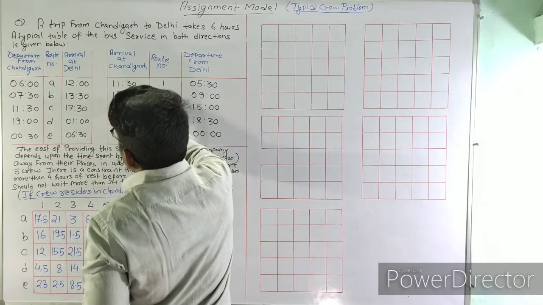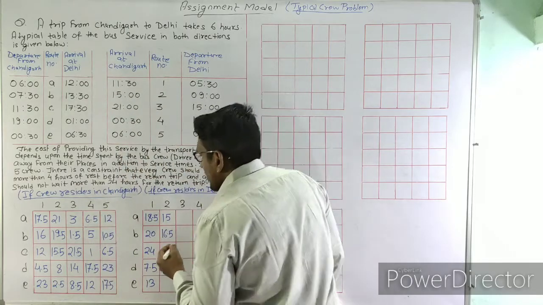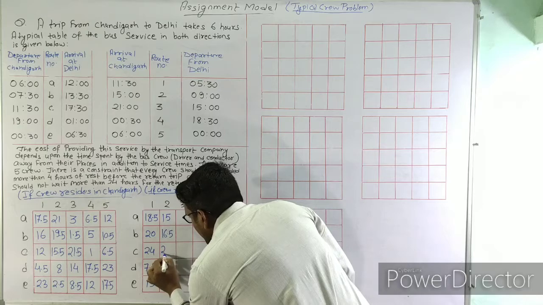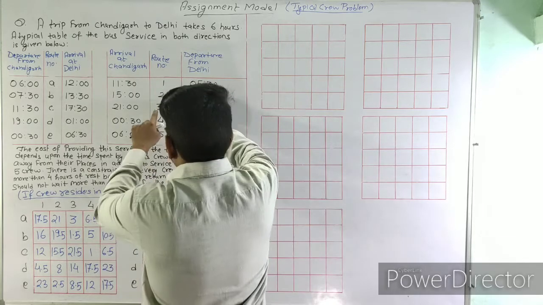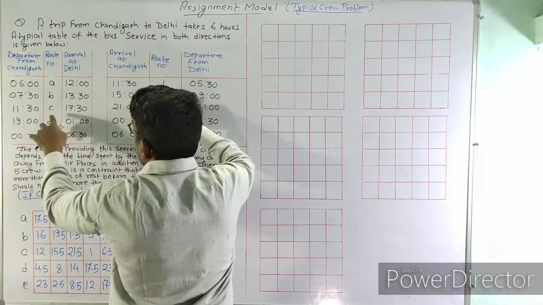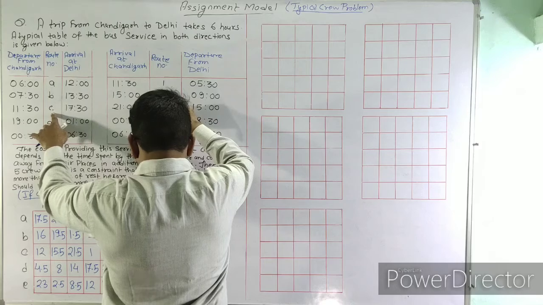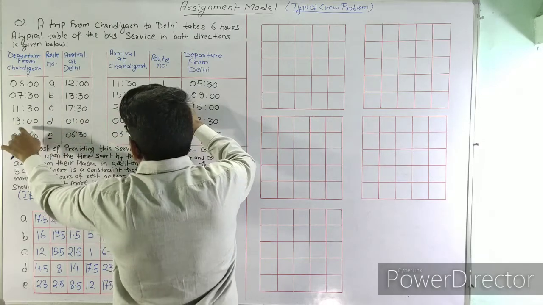24 minus 3, 21. This will be 20.5. And if it arrives from route 2 and departs from route D, so this will be 4 hours.